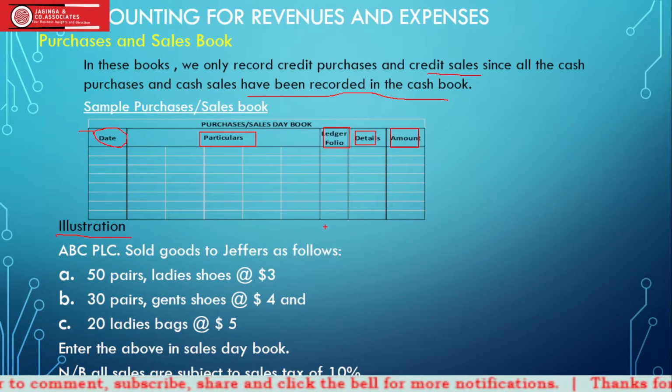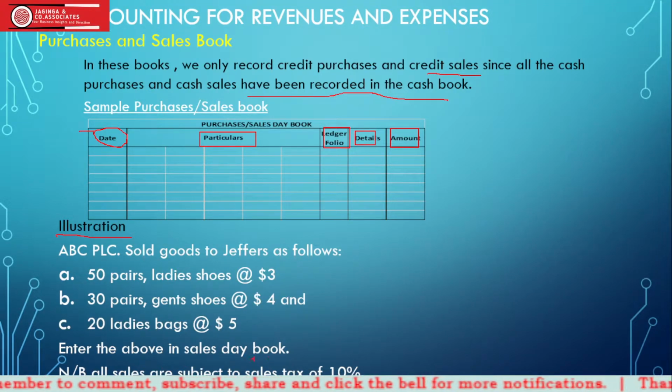So we need to do an illustration of how to enter sales within a sales day book. So I'll just take you to Excel. Here we are being told, ABC PLC sold goods to Jeffers as follows: 50 pairs ladies shoes at $3, and then 30 pairs gents shoes at $4, and then 20 ladies bags at $5 each.